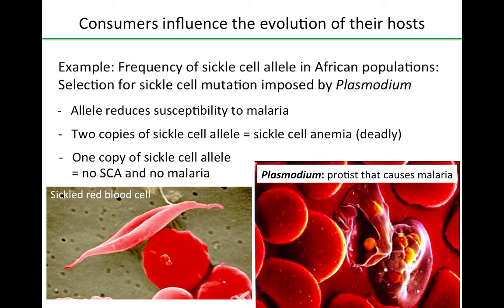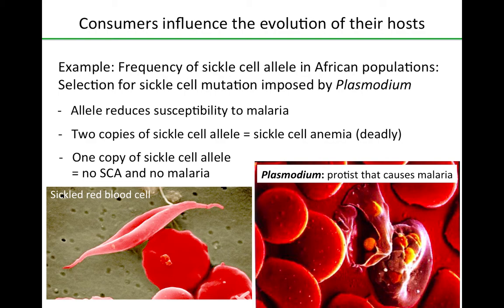So, as it turns out, in areas where malaria is an actual threat, where it's very abundant, or where the protist that causes it is, individuals that have one copy of this sickle cell allele at this particular hemoglobin gene actually have higher fitness than individuals that just have normal alleles and no sickle cell allele.